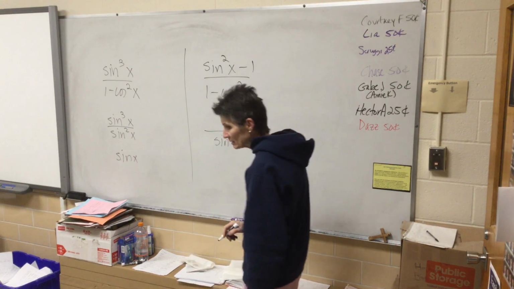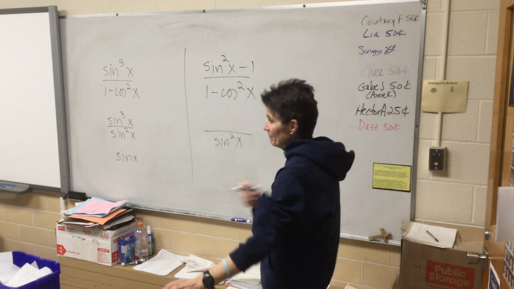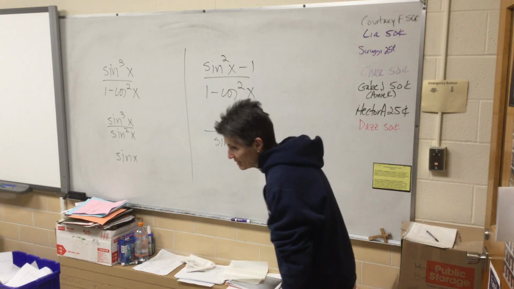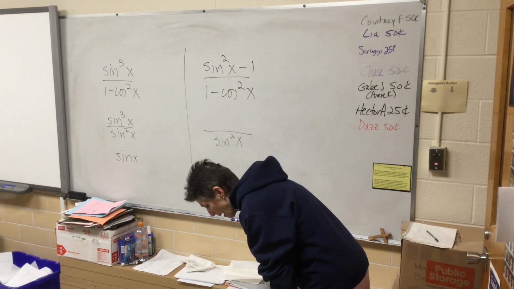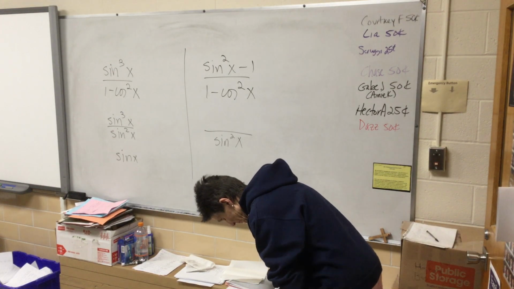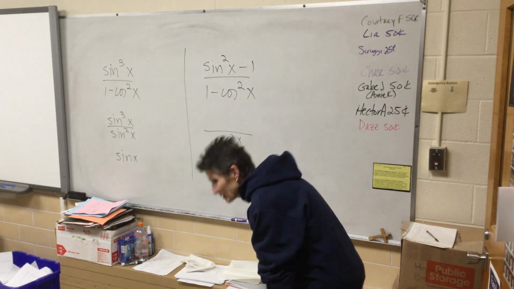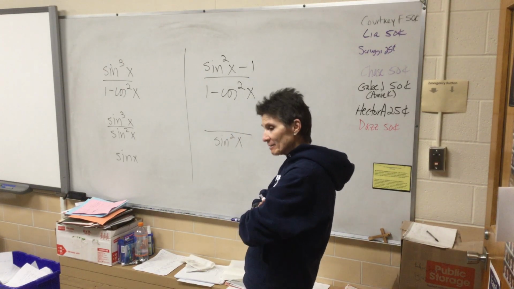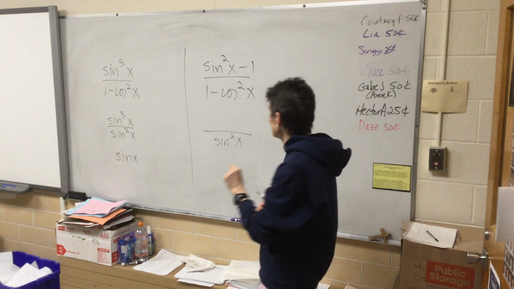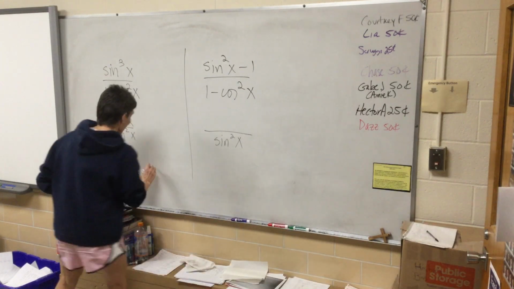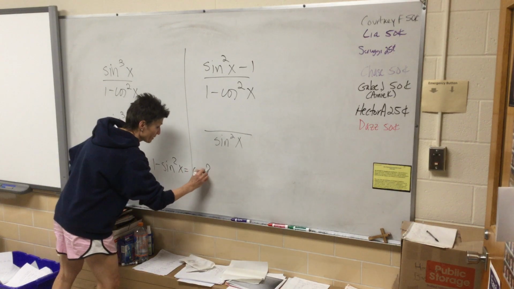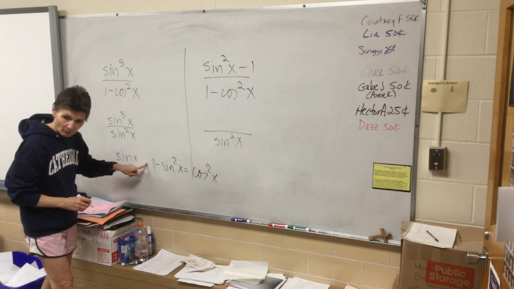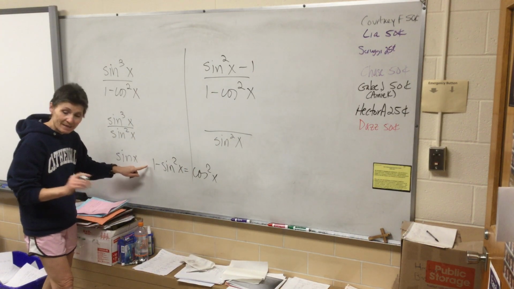Yep, you're exactly right. Very, very good. That top is tricky though, isn't it? What's wrong with the top? The 1 is on the other side of the sine. Exactly. And so what that means is, you know that 1 minus sine squared is cosine squared. That should be written on your paper. Okay?